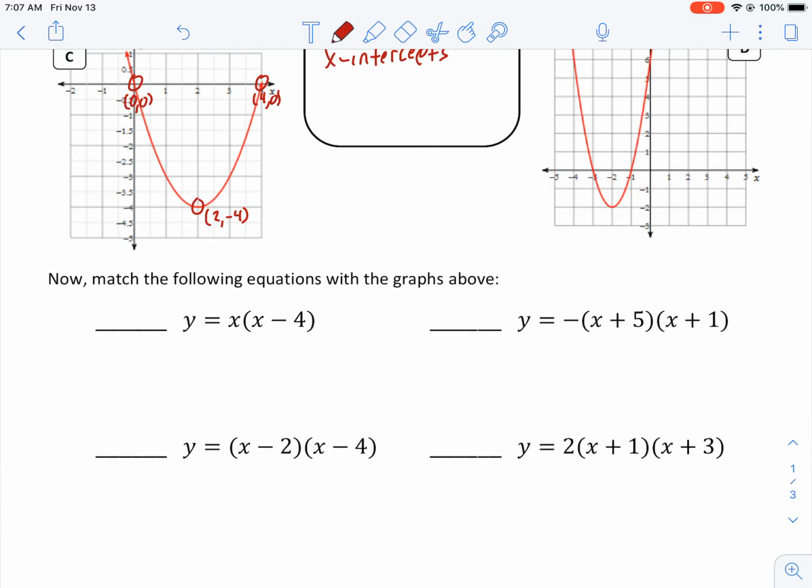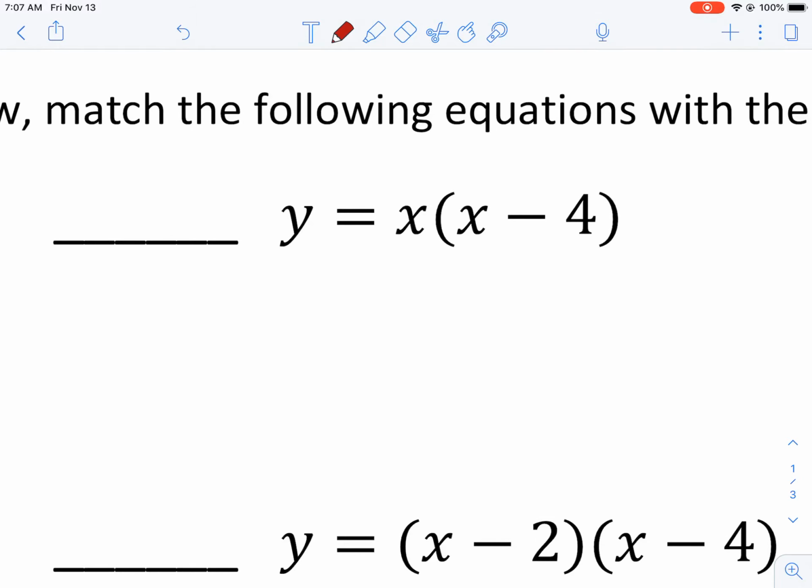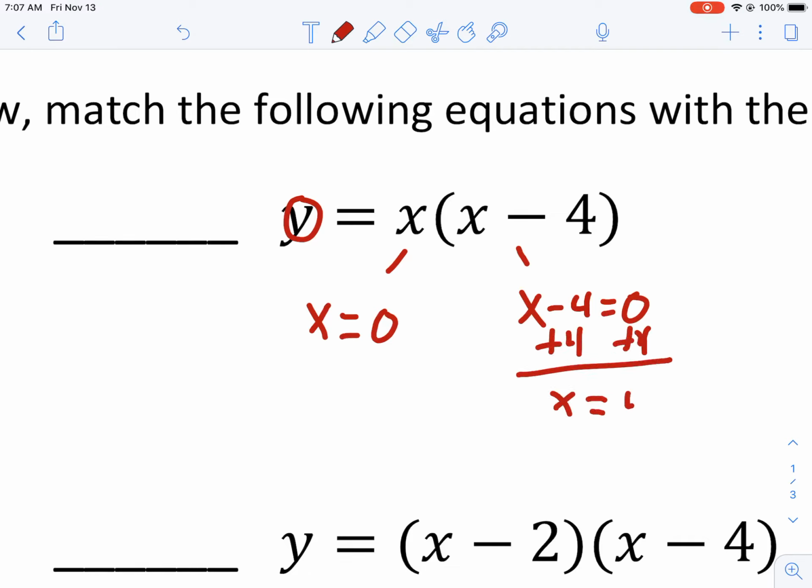because we can use intercept form to very easily get the x-intercepts. When you solve by factoring, if we set this equal to 0 and we split this up into 2 equations, what you are finding is the x-intercepts.